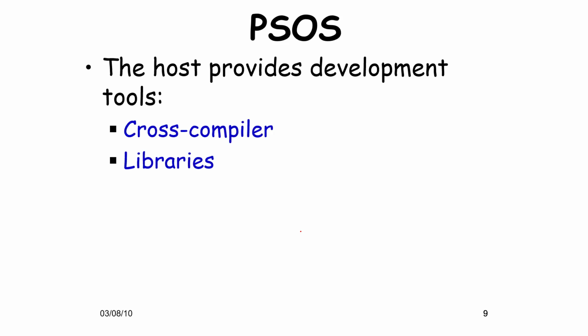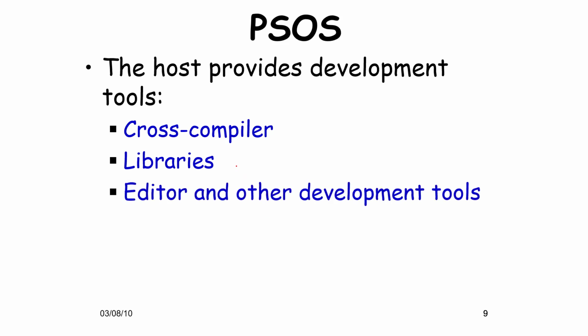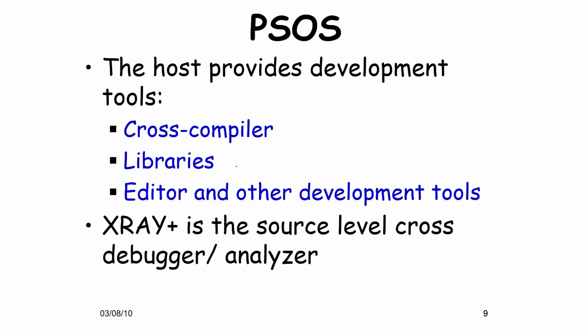So for PSOS, the host would provide the following development tools. The most important is the cross compiler. What a cross compiler does is that you compile on the host, but the code that is generated is for the target. Then of course we'll have libraries for the target, an editor, and other development tools, and if you saw the last slide, the X-ray plus module in the middle was the source level cross debugger.